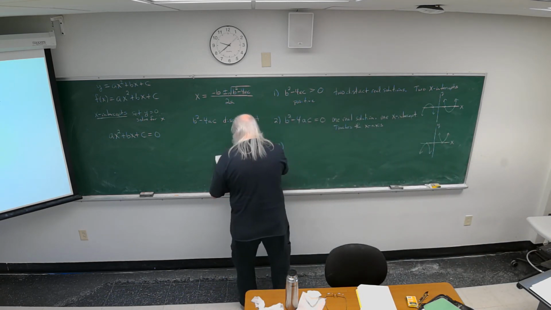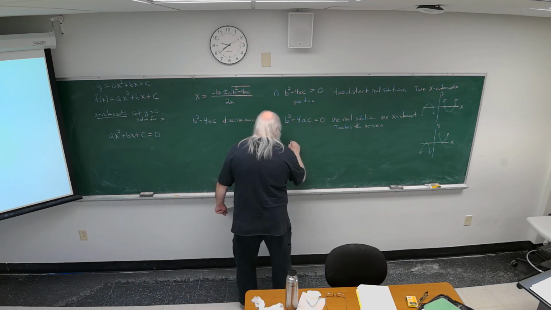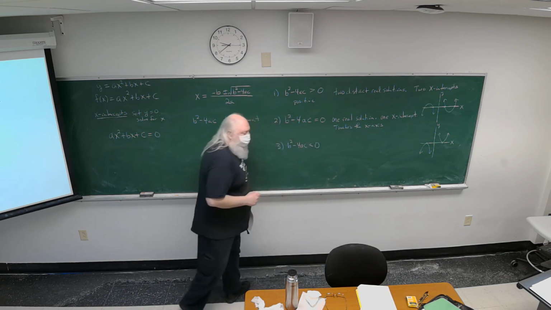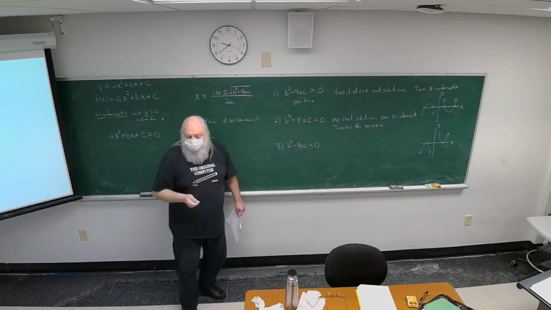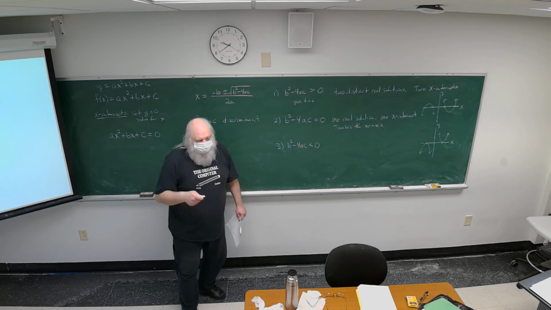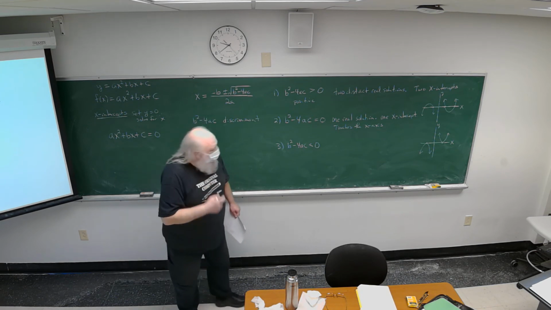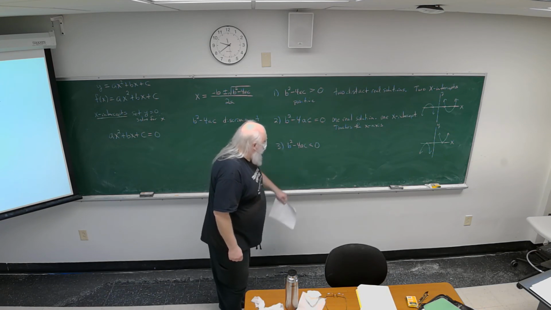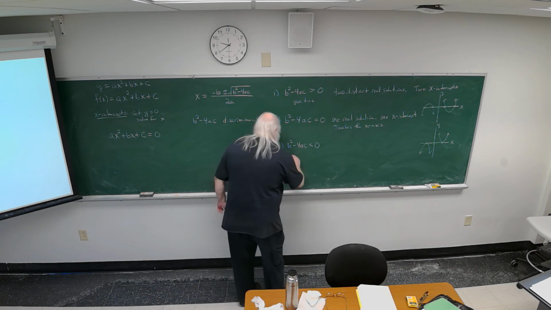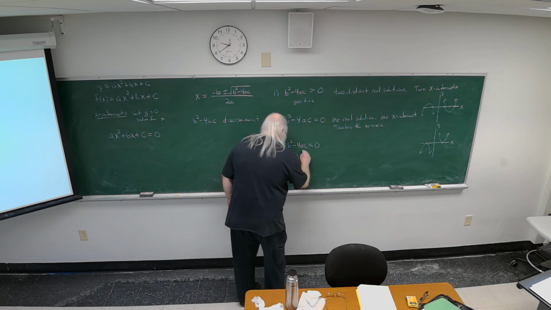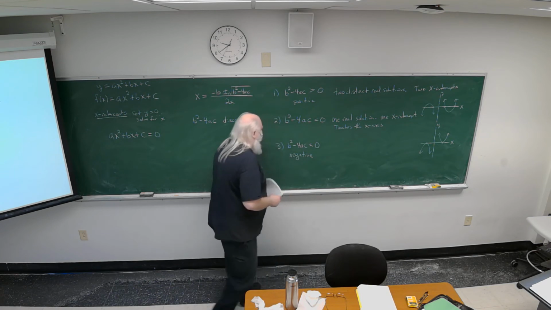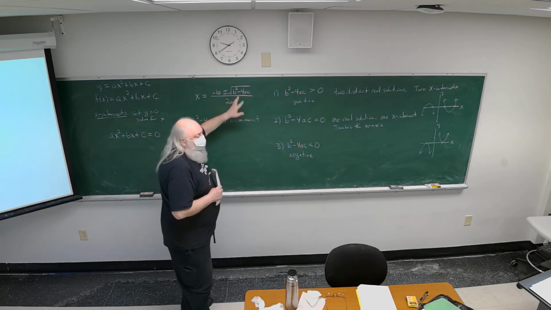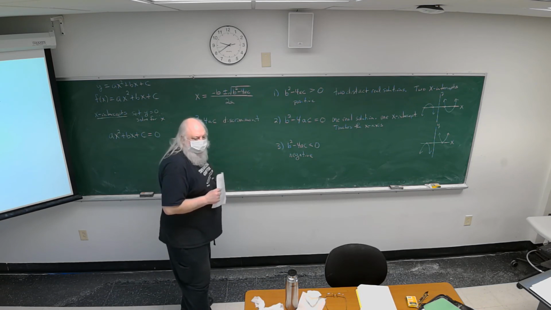Now the third scenario, and I'm sure you probably did this in high school, where you had the number i when you solved the quadratic formula. You took the square root of a negative number. So if the discriminant b squared minus 4ac is less than 0, which means it's negative, now you're taking the square root of a negative value, and that is imaginary.